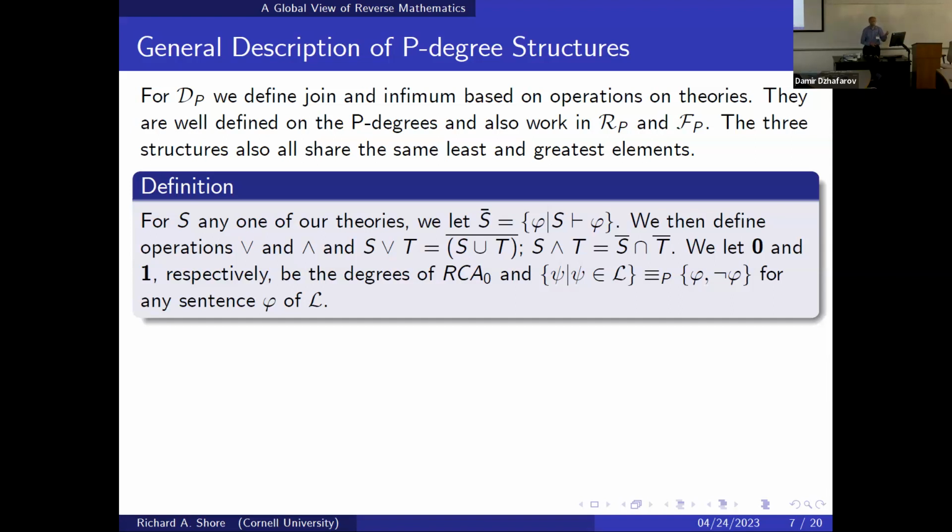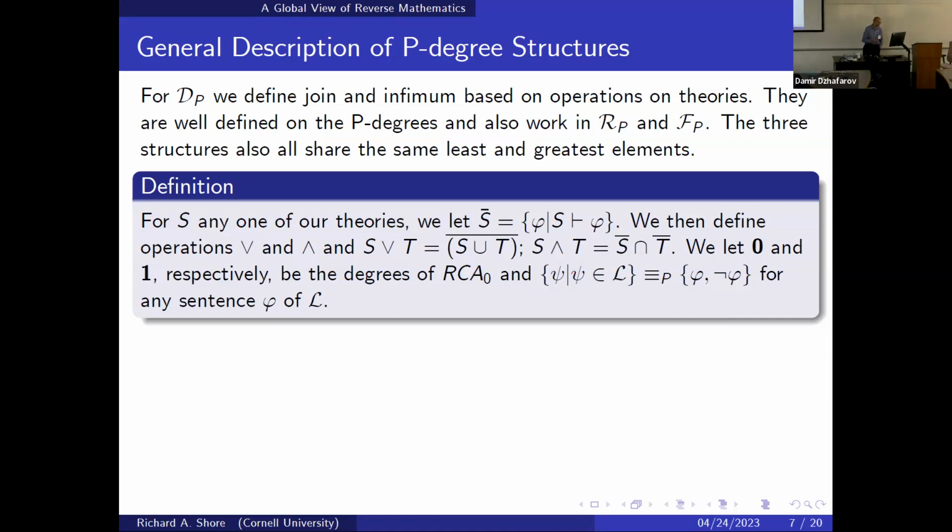So inf is simple. If you have two theories that are both closed under deduction, then their intersection is closed under deduction, and it's easily seen to be the inf in the provability relation. If you want to take the join, you can take the union, but then you have to close, because the set theoretic union is not closed under deduction in general.